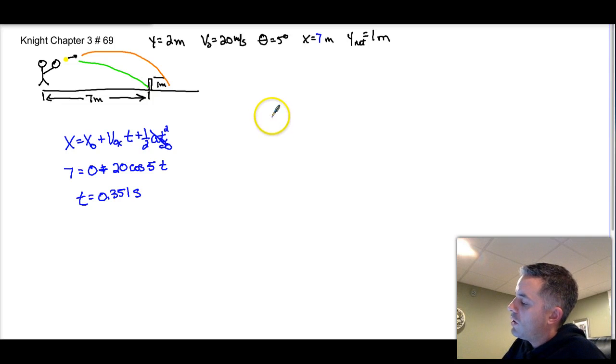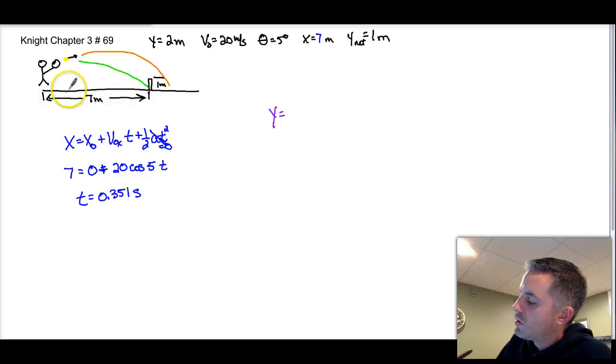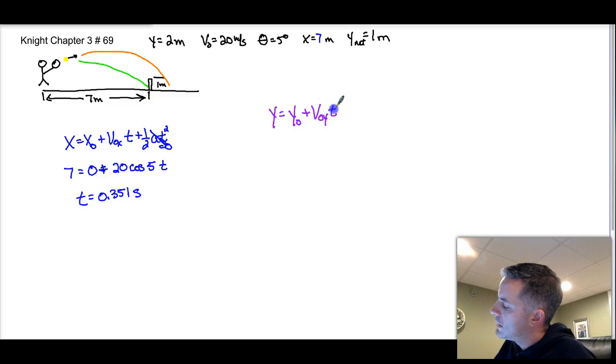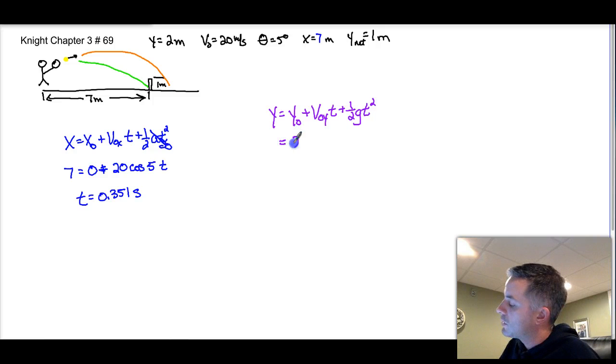So again, what I want to know is the height when it gets to that 7 meters, right? We know the time it takes to get the 7 meters. So now that'll allow us to find the height at that 7 meter, 0.351 second period. So we get y equals y sub o plus v sub o y t plus 1/2 g t squared. All right, the y is what we're looking for. Our initial position off the ground was 2 meters.